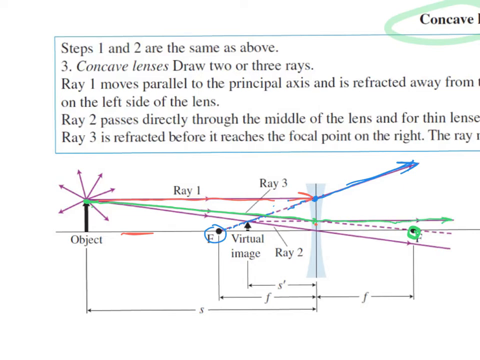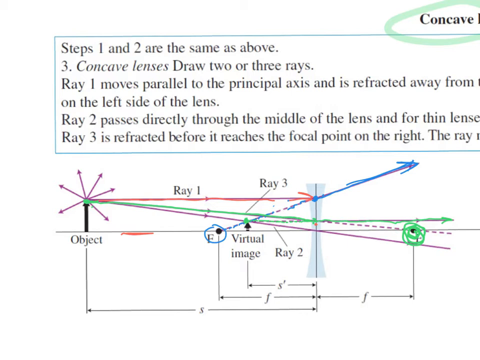It comes in as if it's incident through the focal point, only the focal point you're drawing is the one on the back side, and it refracts parallel. Extend the refracted ray to the front side. That's the only side where the rays are going to be converging. So you have to extend that to the point where it intersects with the other extended refracted ray, which was the first one we drew, and that's where they intersect right there.